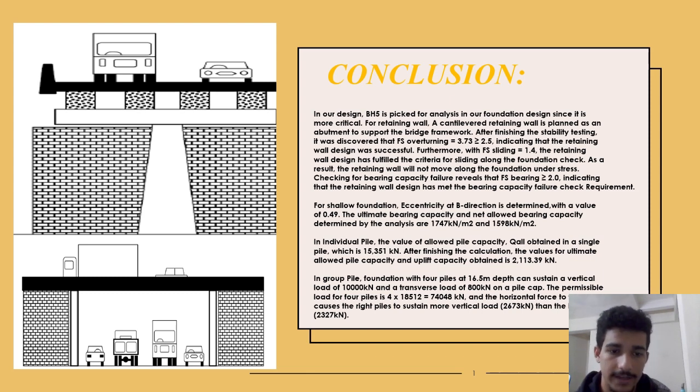And in our pile foundation with four piles at 16.5 depth, it can carry a vertical load of 10,000 kilonewton and transfer 800 kilonewton on a pile cap. Thank you so much.